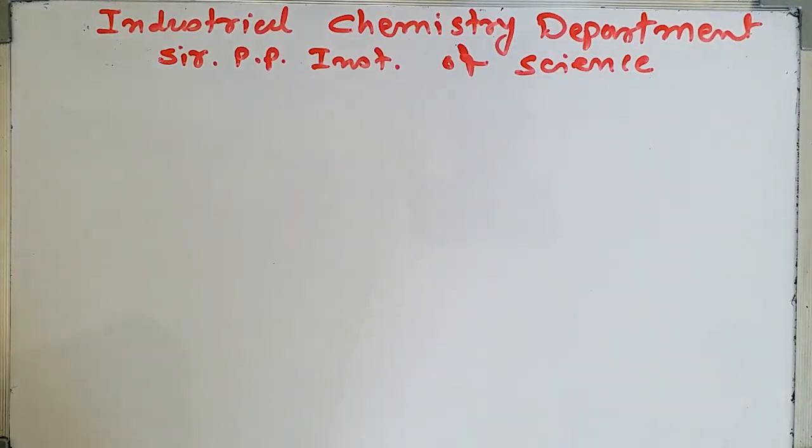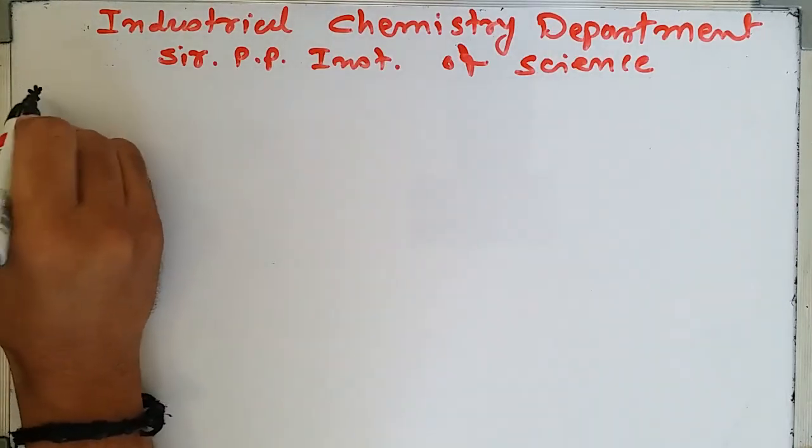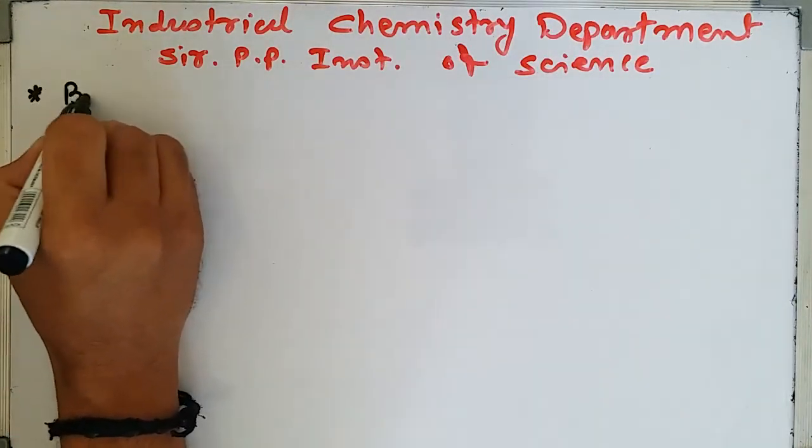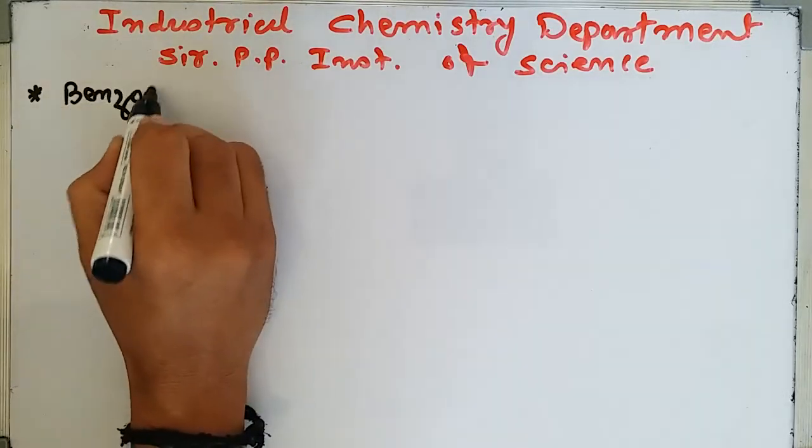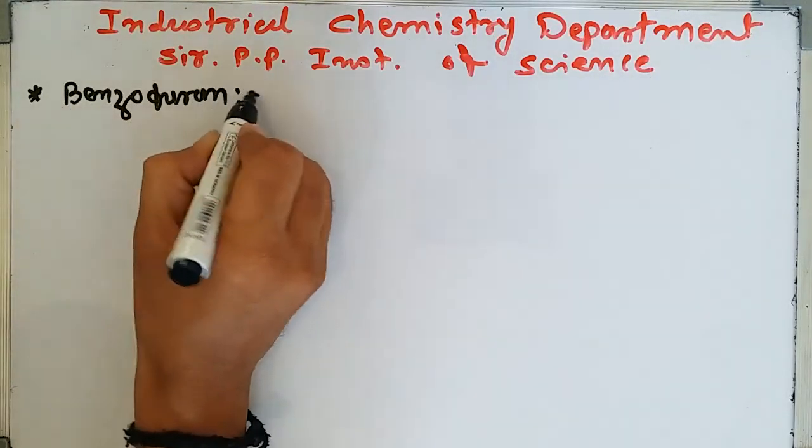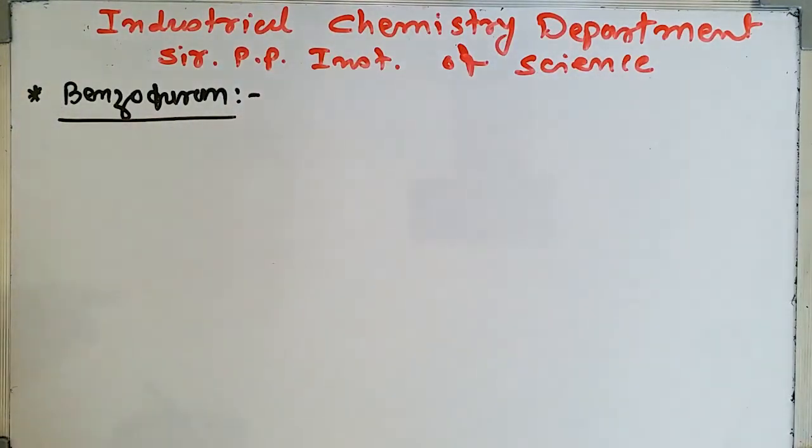In today's lecture, we discuss our heterocyclic compound benzofuran. We discuss furan: a 5-membered ring with one heteroatom, oxygen, is known as furan, and the benzo-condensed furan is benzofuran.